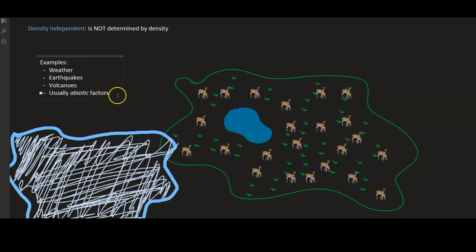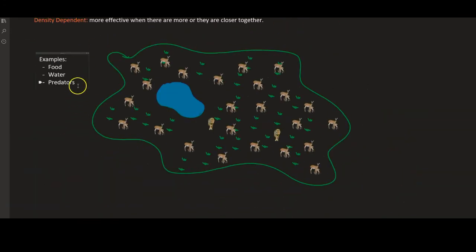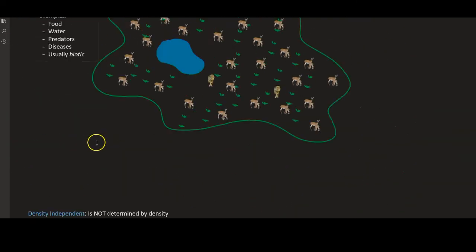Usually abiotic factors, things that are not alive, are affecting density-independent limiting factors, whereas things that are density-dependent are usually biotic, meaning they are usually living things, like diseases. We can put that in there as well. Yeah, because if there are more of them, the disease will spread faster and kill them faster. That's the difference. So just keep that in mind.